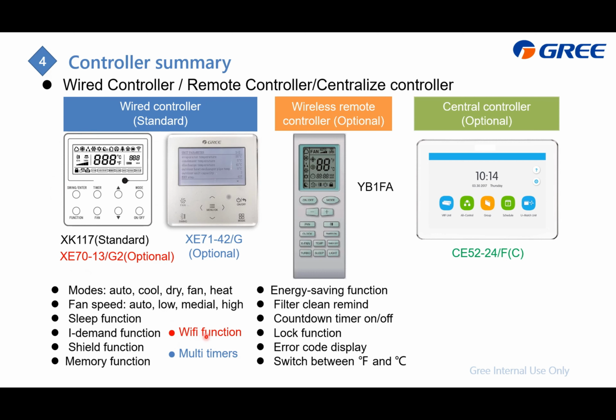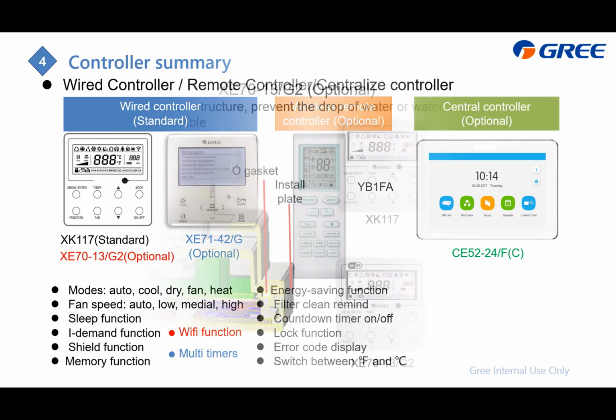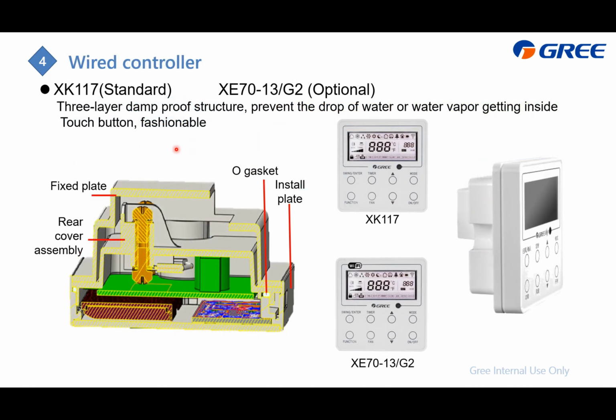Because this Wi-Fi function is not available in all areas, before you purchase this wire controller, please contact your salesman for details. This slide just displays the standard SK117 wire controller and also the optional XE70 Wi-Fi controller.